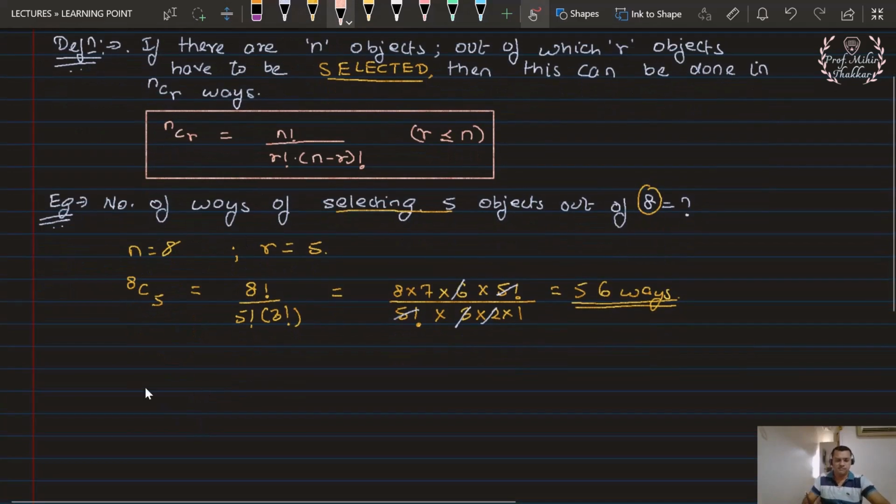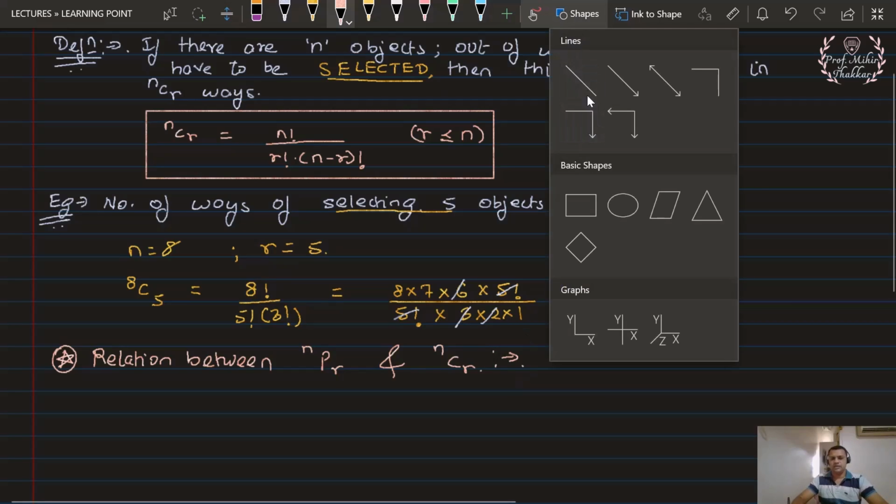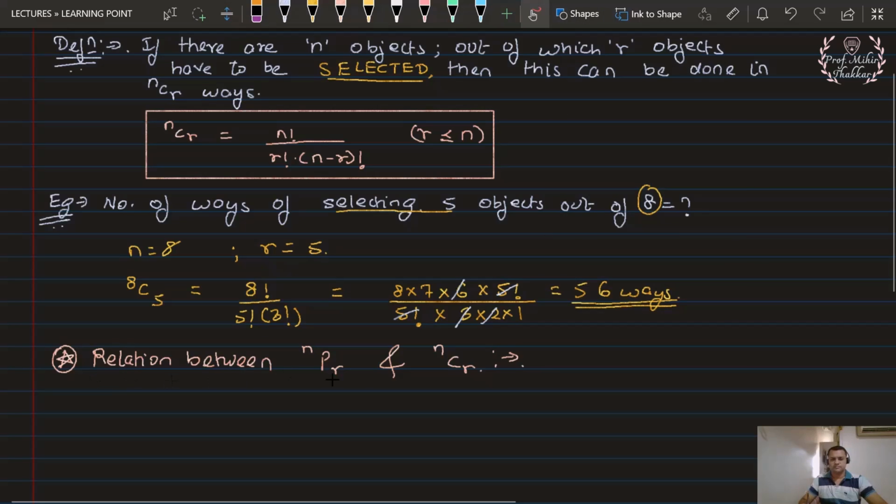Then the next important point that you have is the relation between nPr and nCr. So now let us see the relation over here.